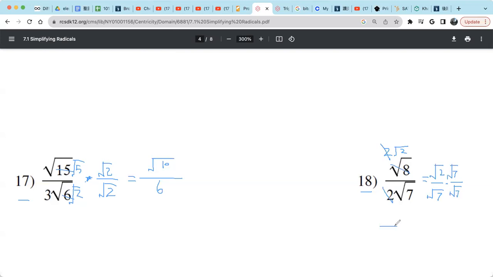Now the numerator becomes 2 times 7, again two prime numbers, that's just square root of 14. Square root of 7 times itself is just 7. So the answer for 18 is square root of 14 divided by 7, or sometimes you can write 1 over 7 of square root of 14.